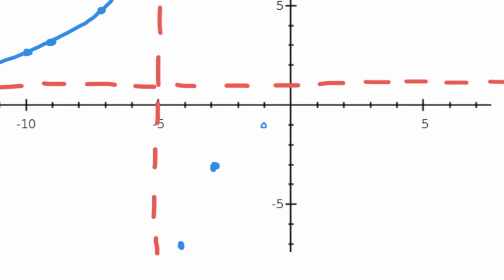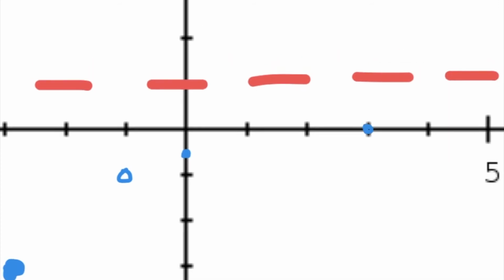And then I also need to do my x-intercepts and y-intercepts. So my y-intercept is about -3/5, so right about there. And then let's say 3, 0 is my x-intercept.